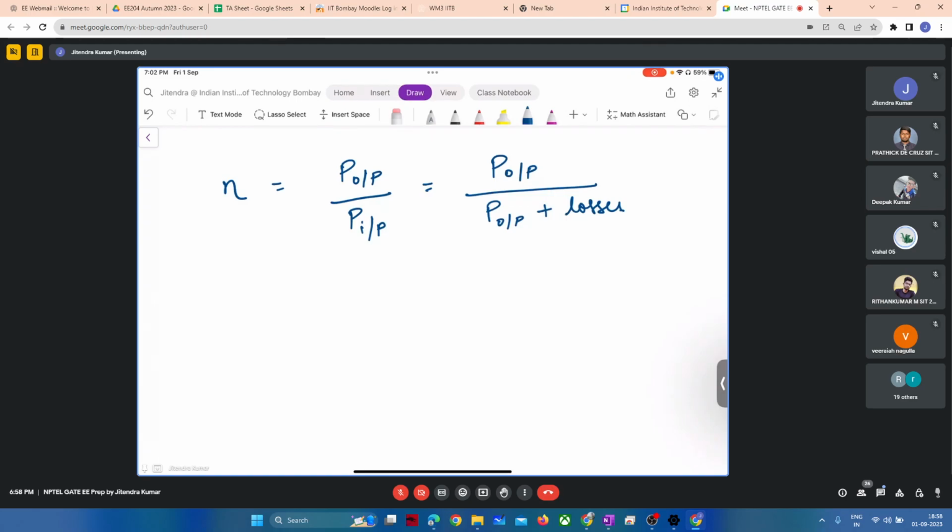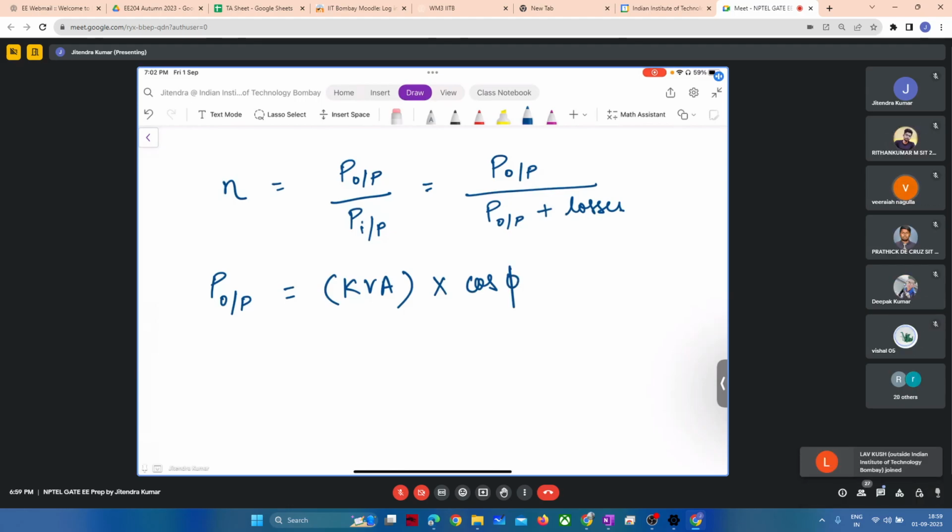So output power is kVA into power factor. Power factor we are given as 0.85, and kVA is 100. So we will do 100 into 0.85, that is 85 kilowatt.